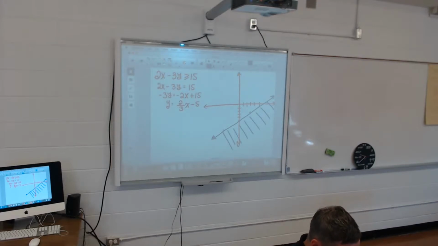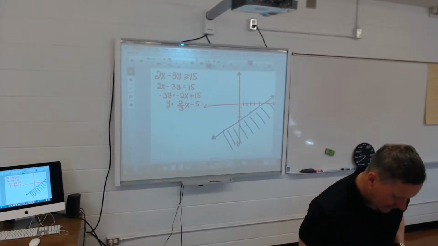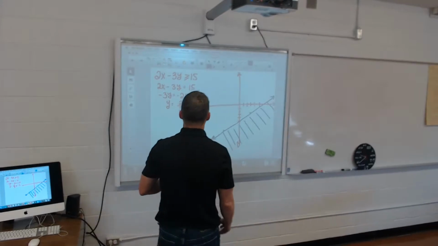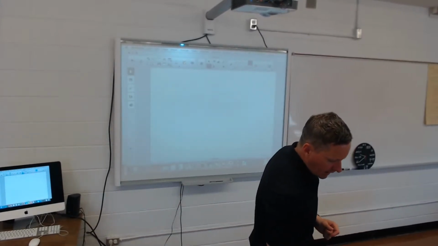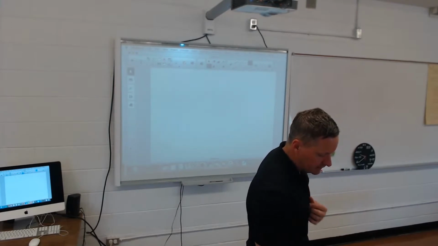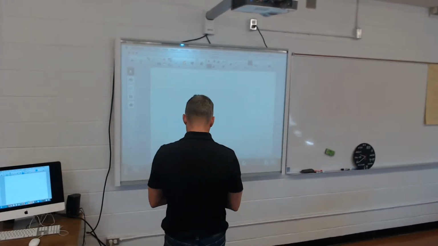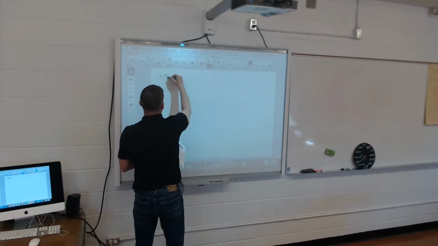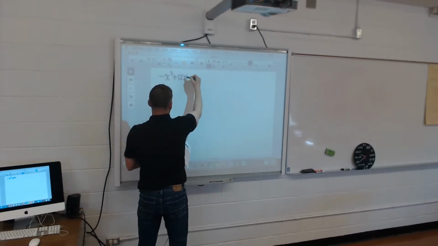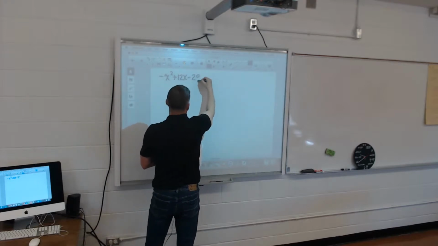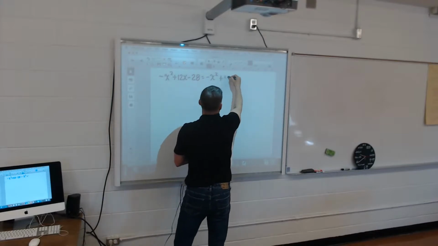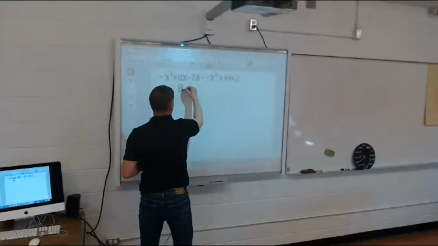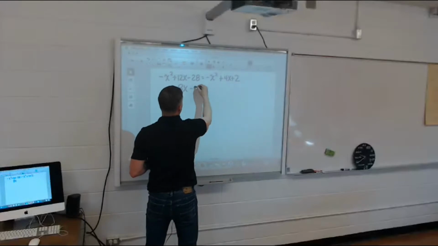Okay, they give you the 2 equations, correct? Yeah. And they're already in y equals form, right? Yes. Okay, so then let's let them equal each other. So I have minus x squared plus 12x minus 28 is equal to minus x squared plus 4x plus 2.